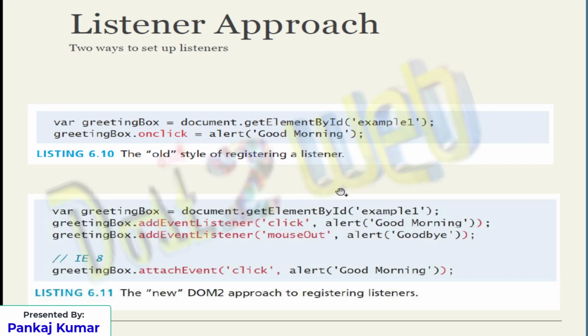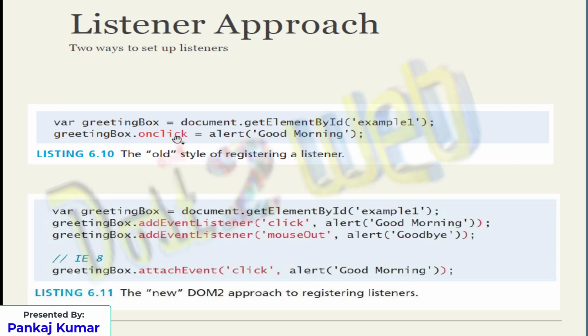In the listener approach, we say that we have two ways to set up the listeners. Both you can see here. Like the old style, what we have done is we create a variable as greeting box, taking it from the HTML element ID, that is example 1, and I am giving here greetingBox.onclick.